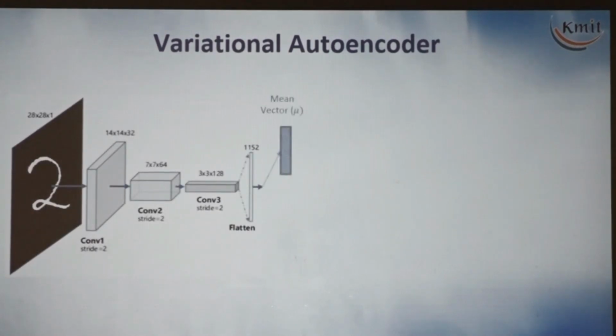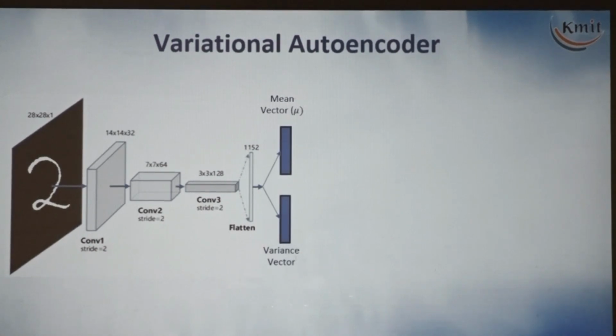In the autoencoder we have only one dense layer. But here we will have two dense layers. From the flatten, we will take two dense layers. One is the mean vector.